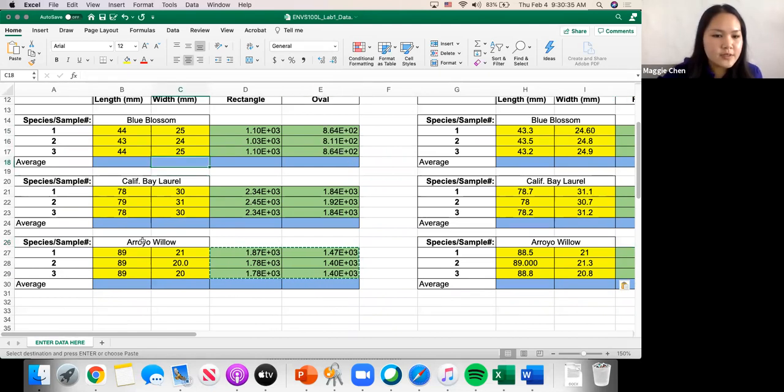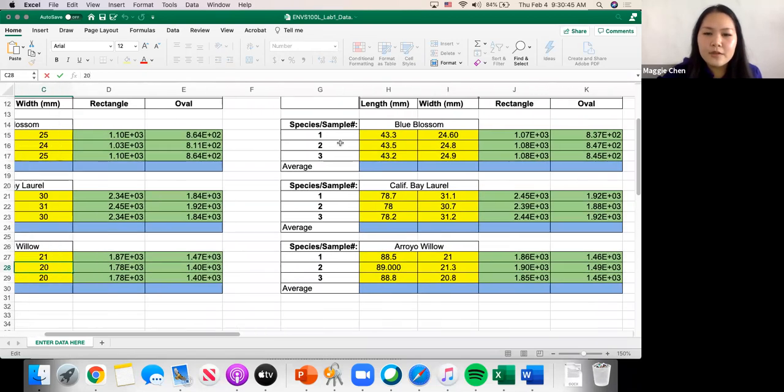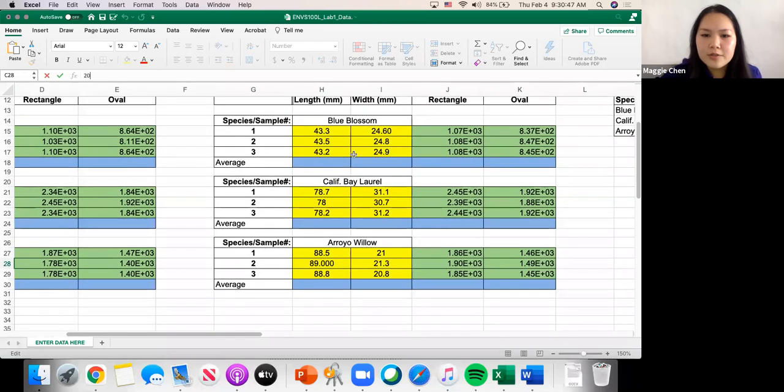Okay. So again, we can just adjust the data that we're given to put it in the sig figs that we want. So if we look off to the side in our caliper measurements, we can see that some of them aren't in 3 sig figs. So again, we can just select those cells, add in or take out an extra digit to keep it at our 3 sig figs.